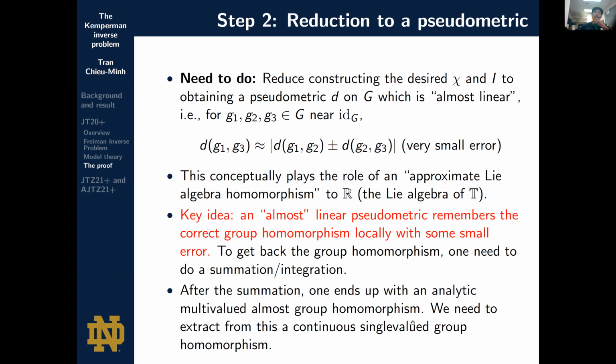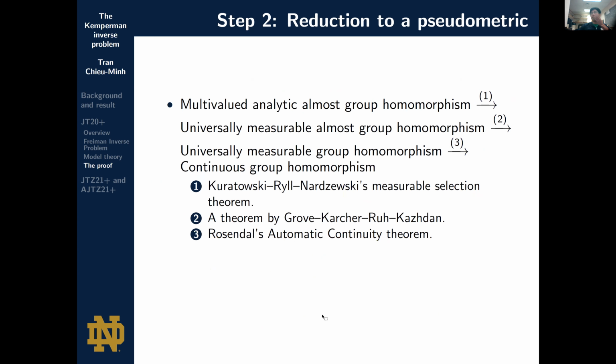And we need to somehow extract from this a continuous single-valued group morphism. That is done with a little bit of help from descriptive set theory. From multi-valued, you can get a single value using the measurable selection theorem.